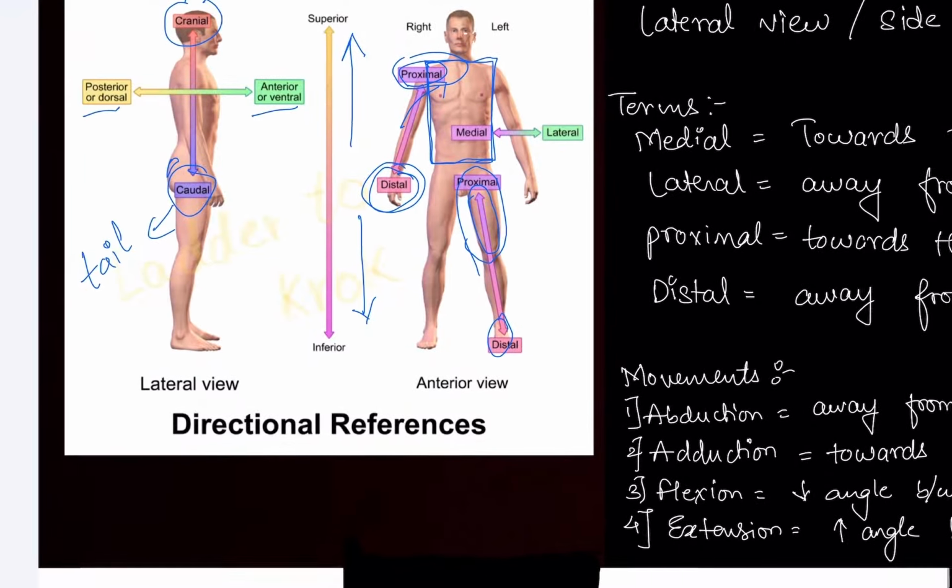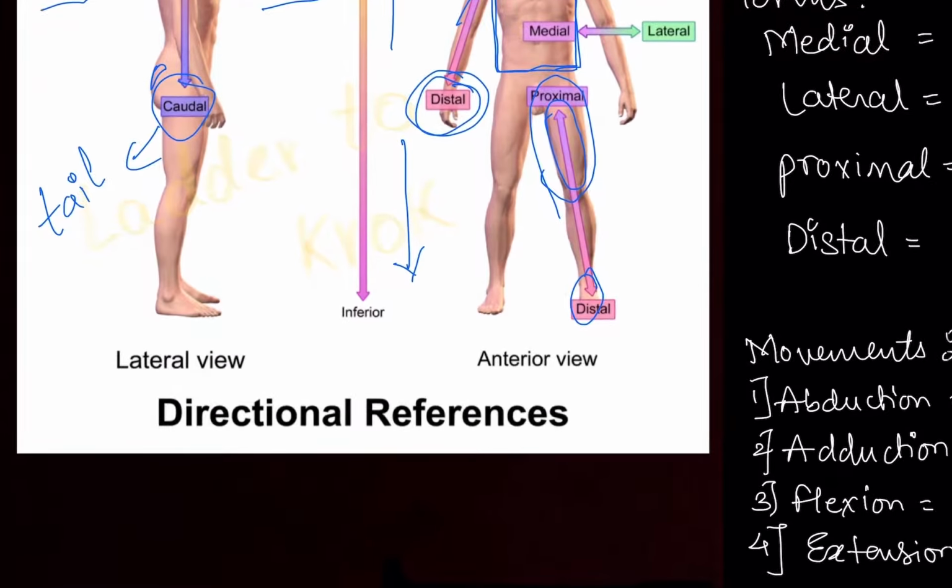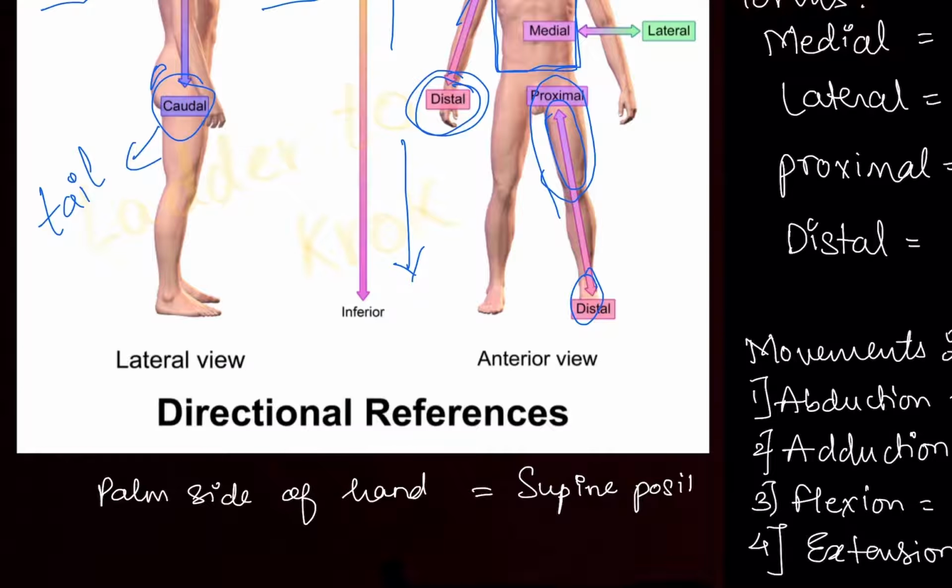Okay. And I forgot to tell you about one thing, that is supination and pronation. Supination is the palm side of your hand. Palmar side of the hand is called as supine position. And back side of the hand is called as pronated position.